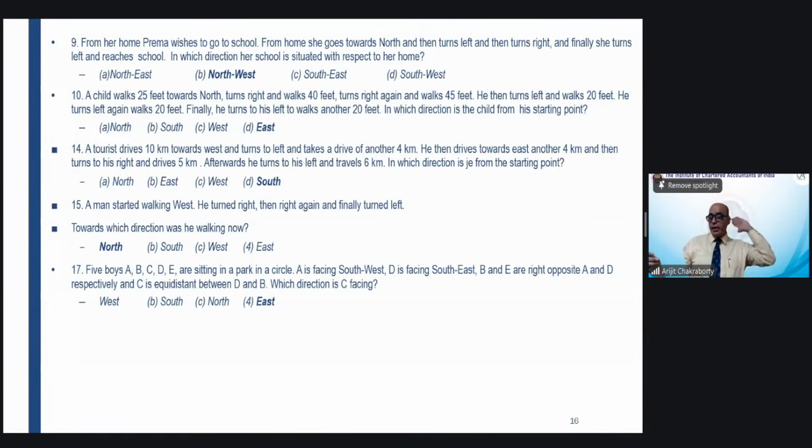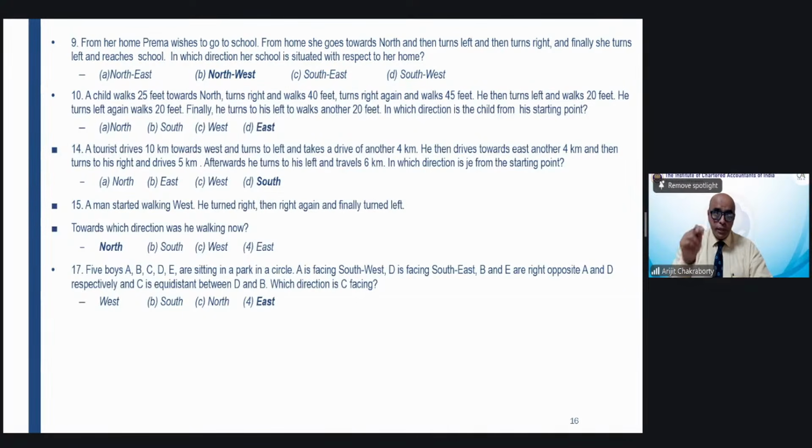So basically C is sitting on the diameter of the circle if you draw it this way. The drawing I made is like this. If you draw the circle, A is on the right side upper part of the circle on the circumference. D for Delta is on the left side upper part of the circle. B for Bravo is on the left side lower part. E for Echo is on the right hand lower part.